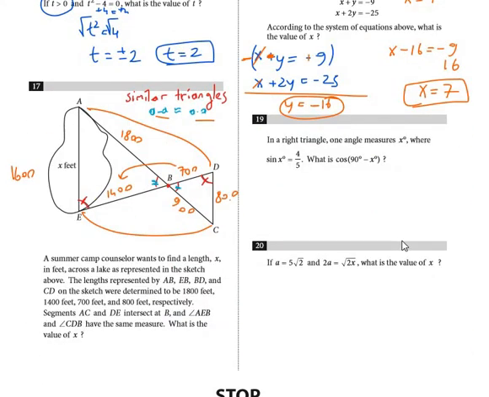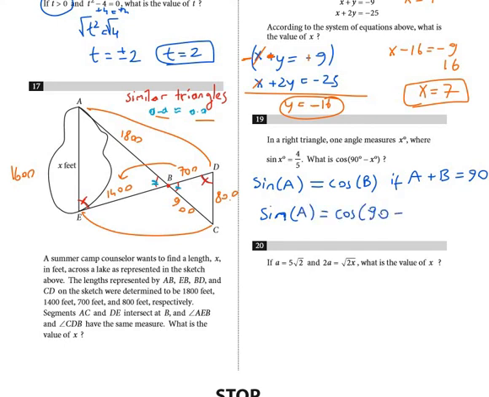Question number 19. In a right triangle, one angle measures x degrees where sine of x is 4/5. What is cosine of 90 minus x? So here there is a very common identity. If sine A is equal to cosine of B, on the condition that A plus B is equal to 90 degrees, which implies sine of whatever is equal to cosine of 90 minus whatever, which is angle A here.